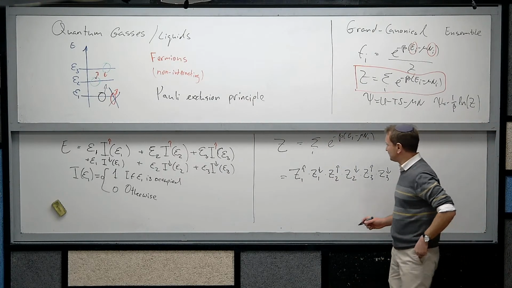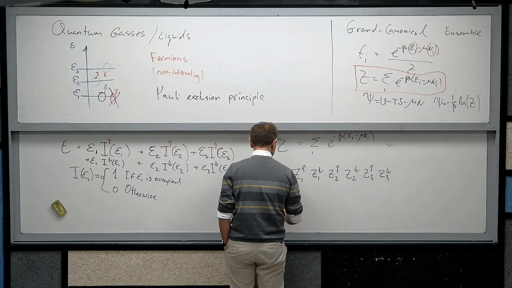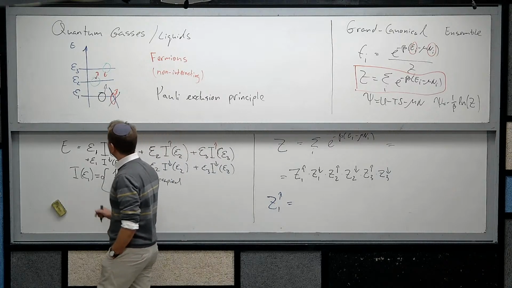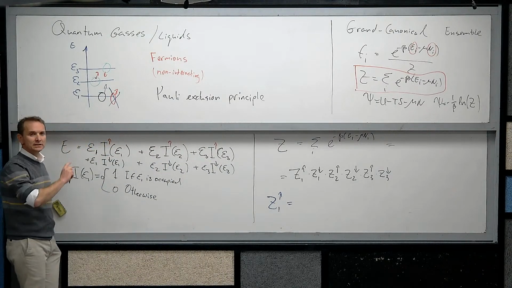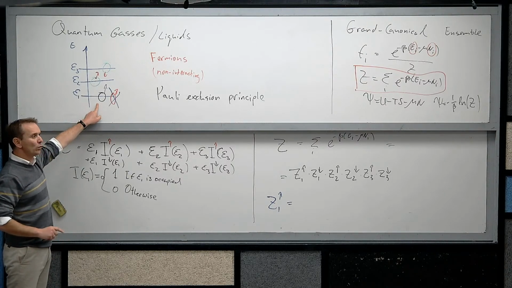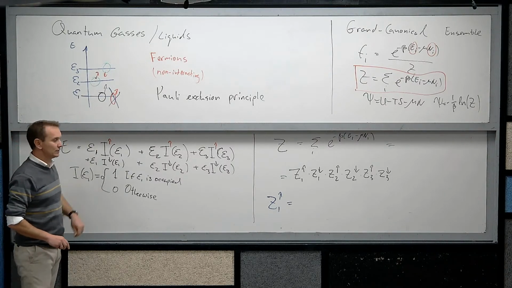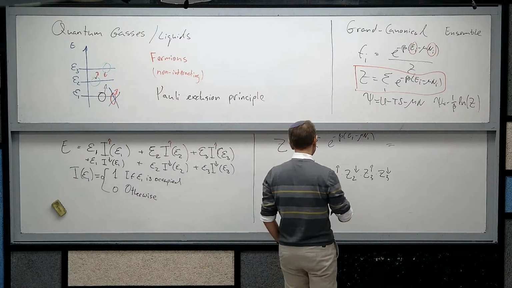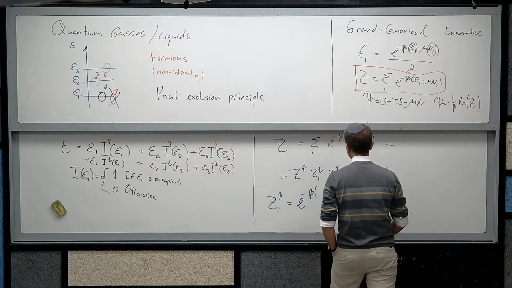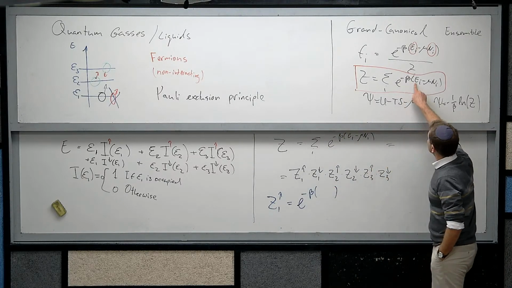So let us see what all those different z's that we have written down look like. So what is z1? z1 up. We know that there are only two possibilities. Right? Either it's unoccupied or it's occupied. So when it's not occupied, we have e to the power minus beta, and here we have this expression.